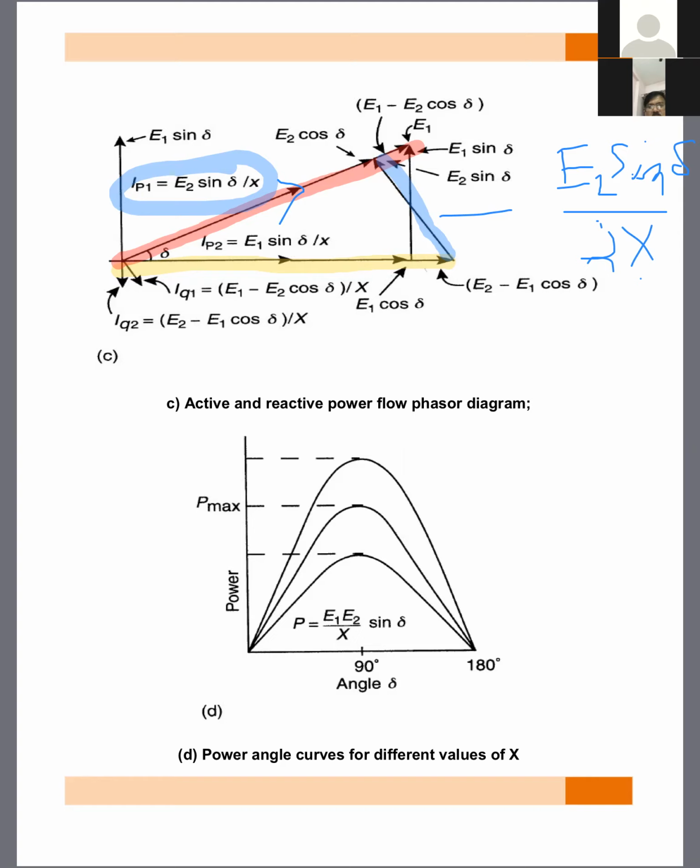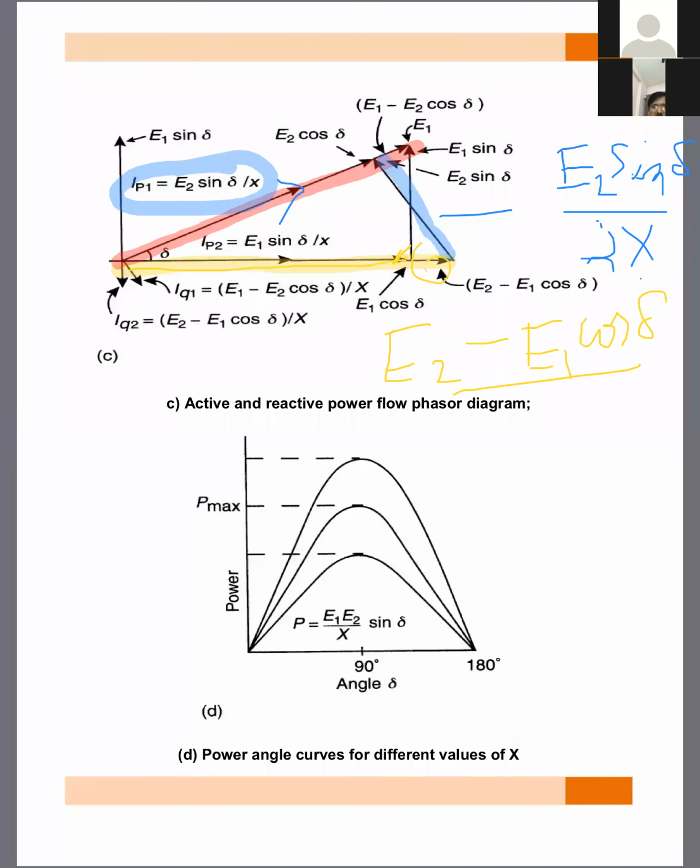Once you resolve that, simply calculate the resultant components. The yellow line gives E2, minus up to this one, you have E1 cos delta. Once you take the difference, you get E2 minus E1 cos delta, which I will mark with red.